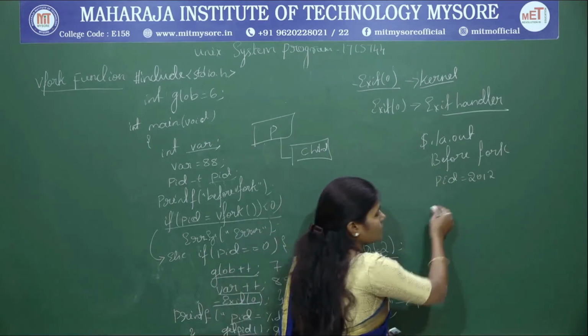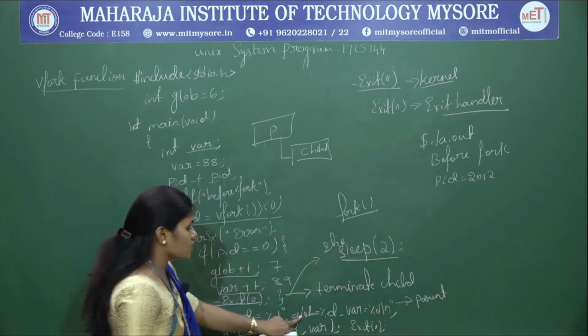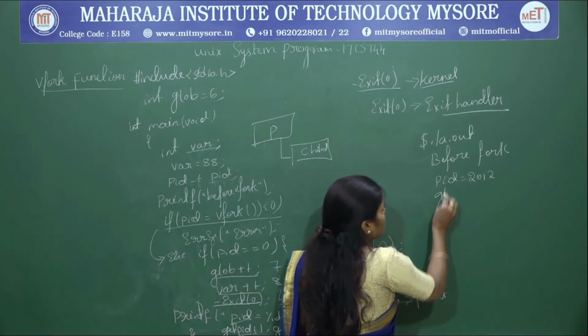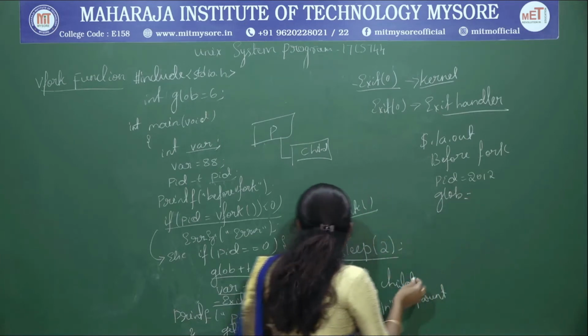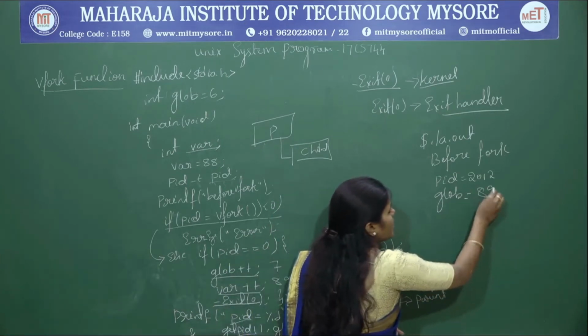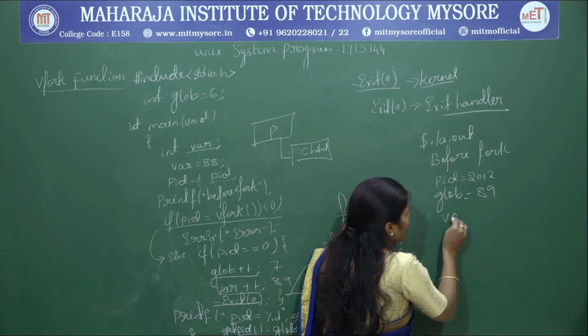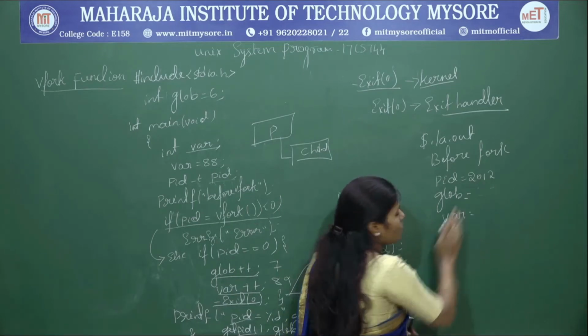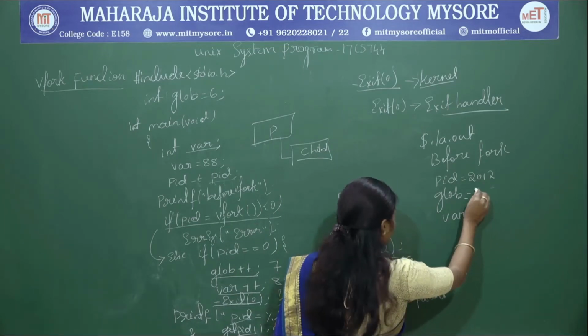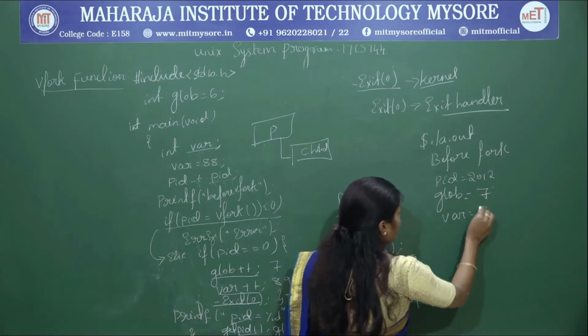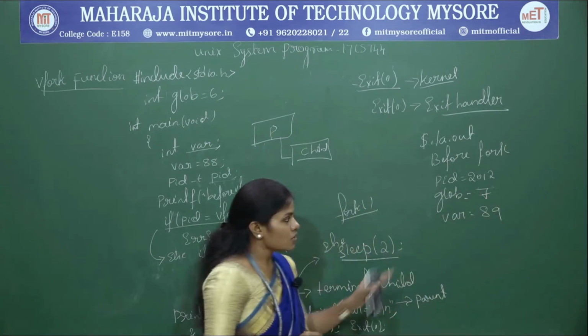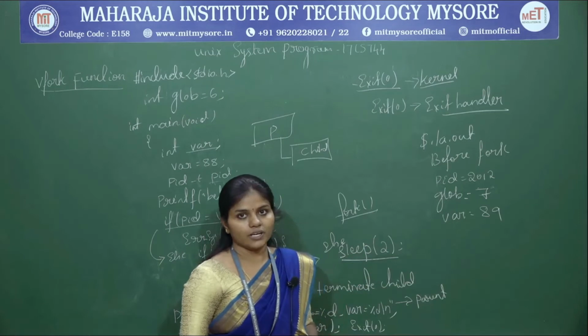Next, what is the value we are displaying? That is global. Now the global value will be 7, and the var value will be 89. So this is the value I am going to get, right?